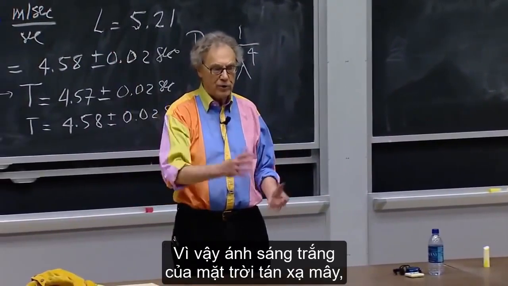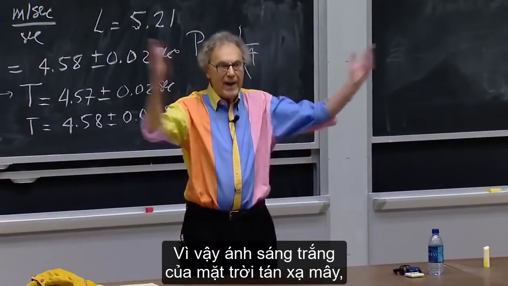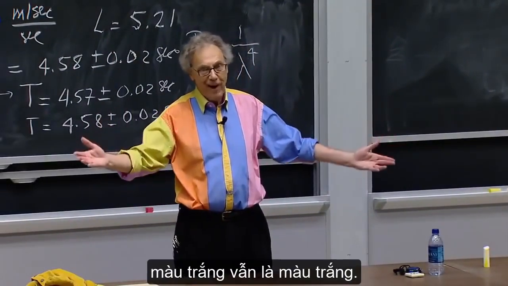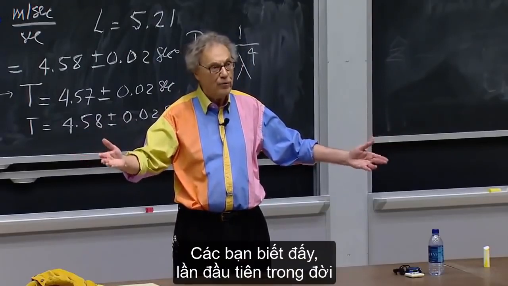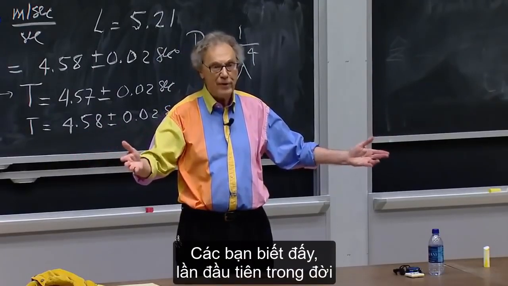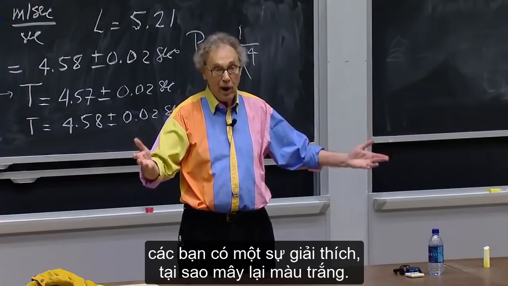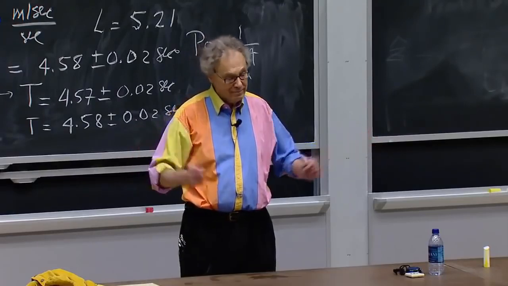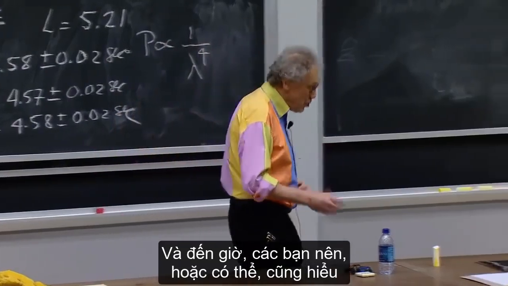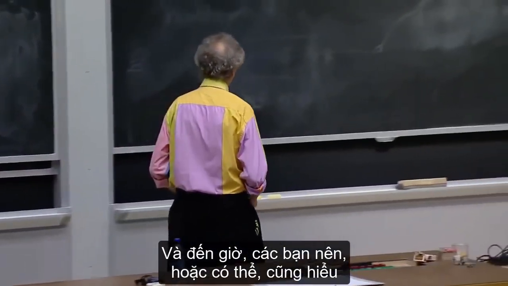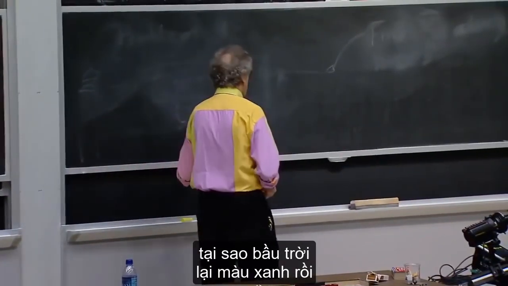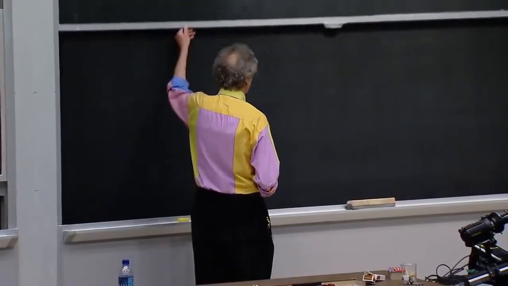So the white light of the sun scattered off the cloud, white remains white. So you now, for the first time in your life, may have an explanation why clouds are white. And you should, or may also understand now, why the sky is blue.